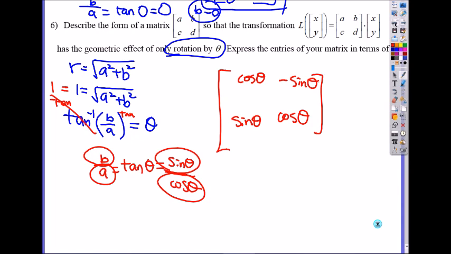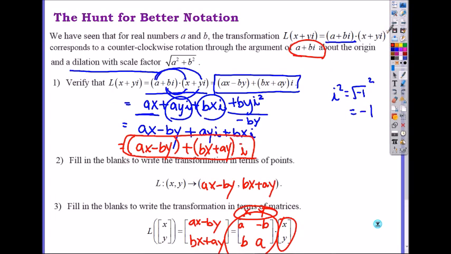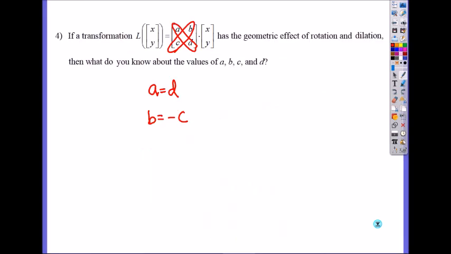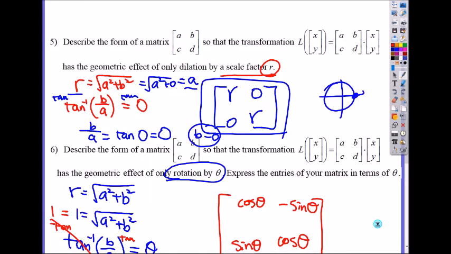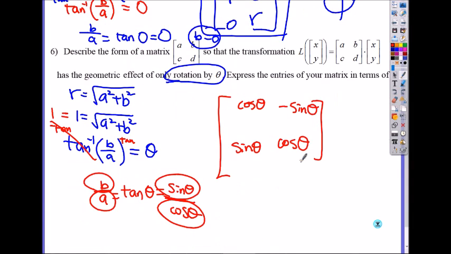Oh, no. When we did this, it always becomes a, b, negative b, a. The one on the top becomes negative. Okay? So this is the 2 by 2 matrix transformation if there's no scale factor, if there's no dilation, but just a rotation.